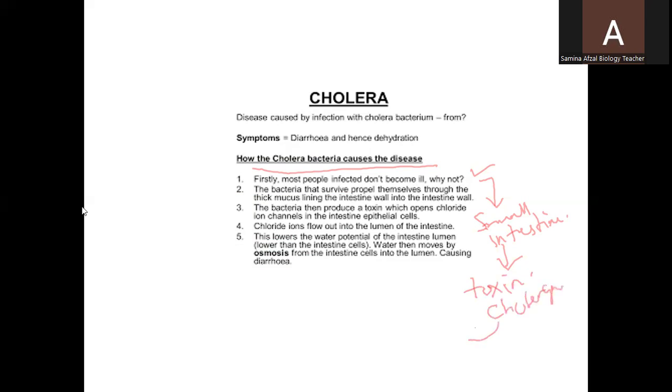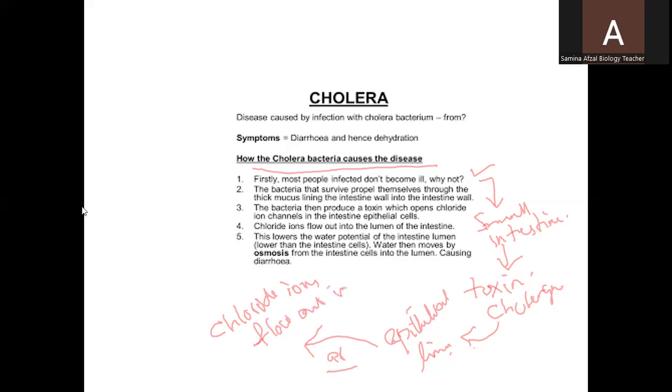Due to this toxin, the inner linings or the epithelial linings are damaged, and due to damage of these epithelial linings, the chlorides flow out into the lumen of the intestine.